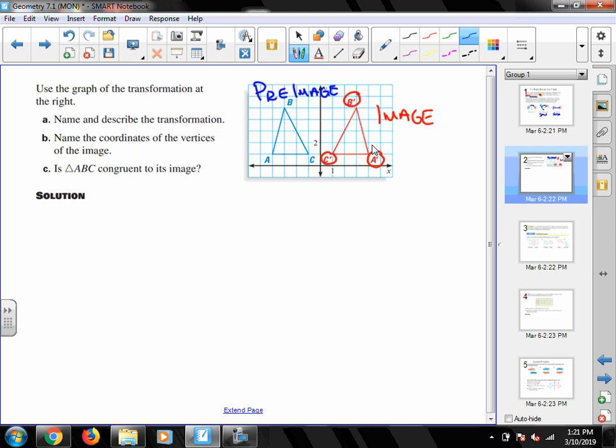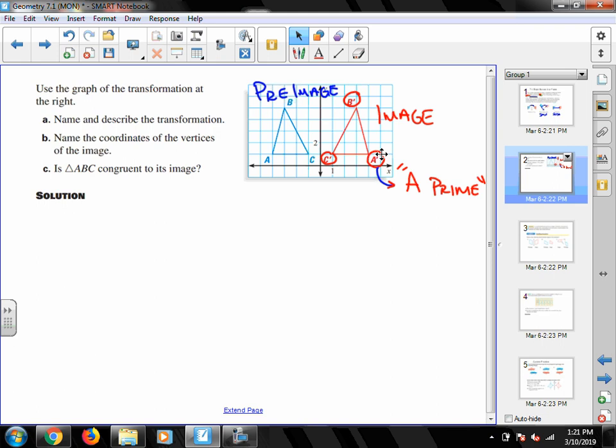And in math, we call those apostrophes prime. So this vertex down here, I would say this is A prime. So when I start talking about triangle A prime, B prime, C prime, I am talking about this red triangle.